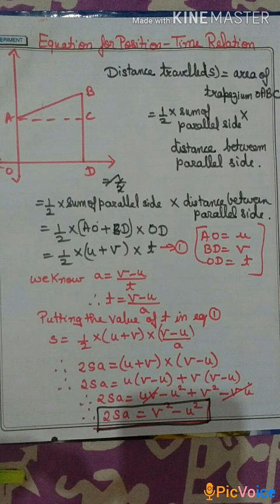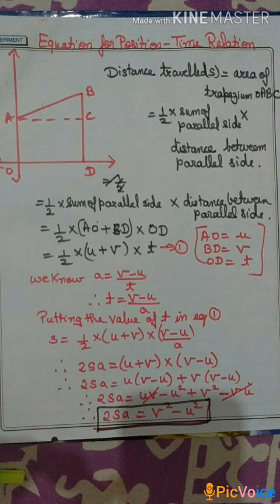Then in this equation, we will take 2 and A to the left hand side. Therefore, the equation I have written can be simplified as 2AS is equal to (U plus V) multiplied by (V minus U). That can be further simplified as 2SA is equal to V into (V minus U) plus U into (V minus U).